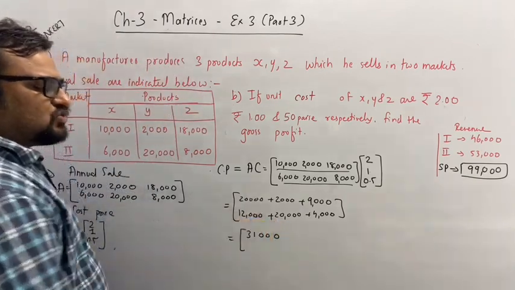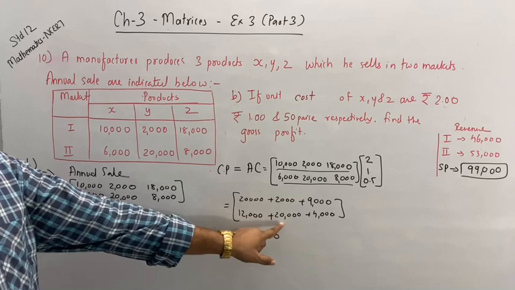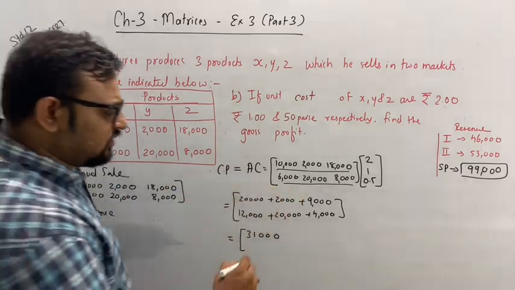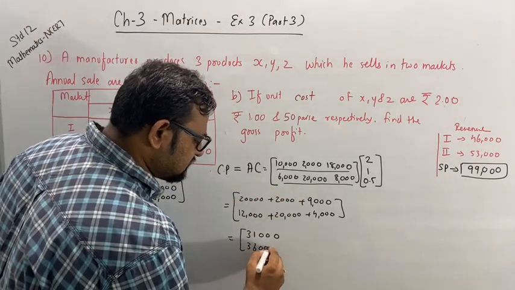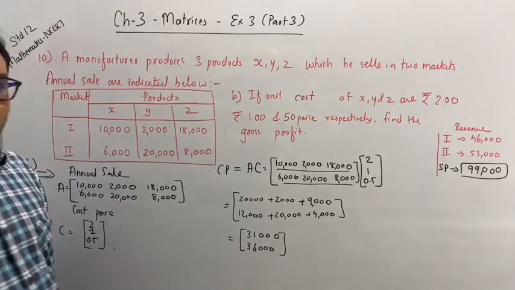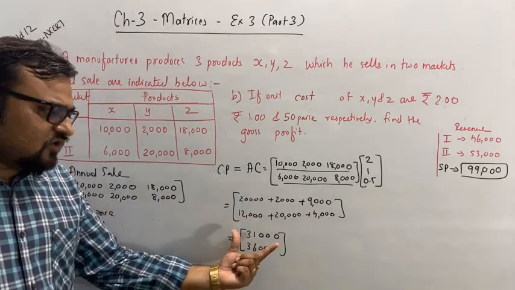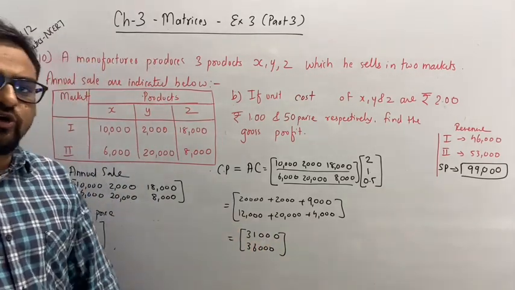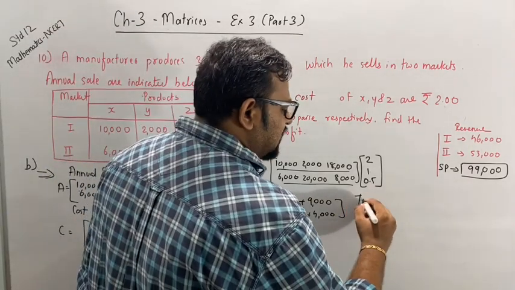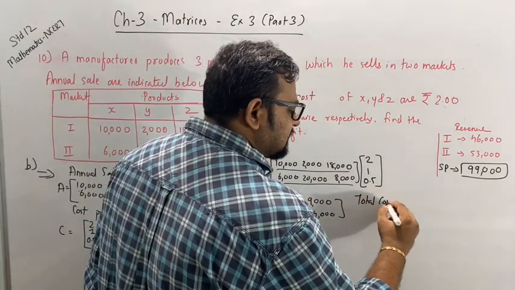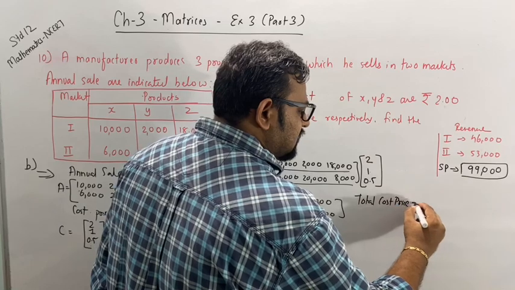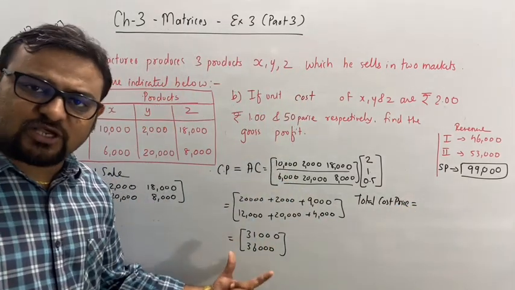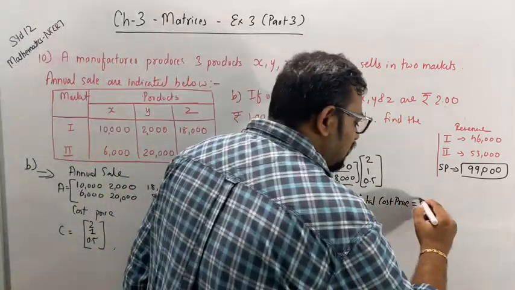Clear? 12 plus 20 is 32, plus 4 is 36,000. So this was the matrix for the cost price for markets 1 and 2. For market 1 it's 31,000, and for market 2 it's 36,000. So the total cost price will be equal to 31,000 plus 36,000 from both markets.